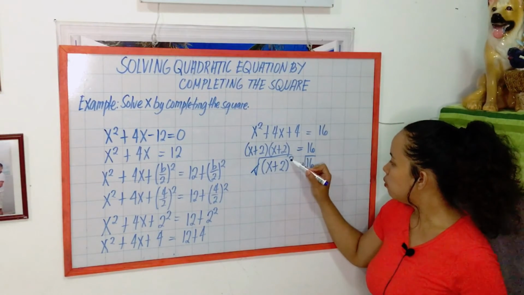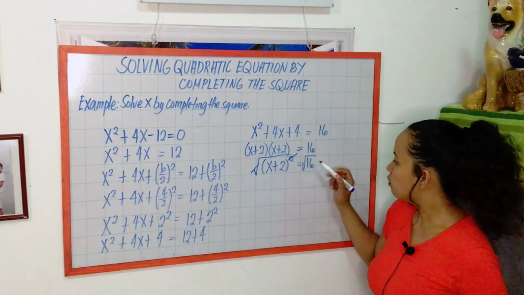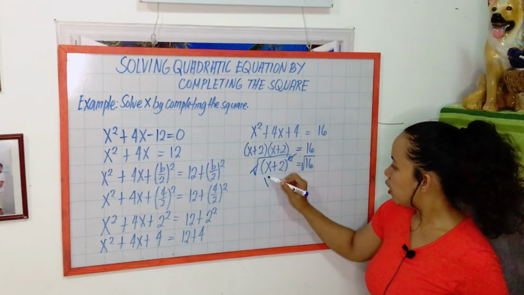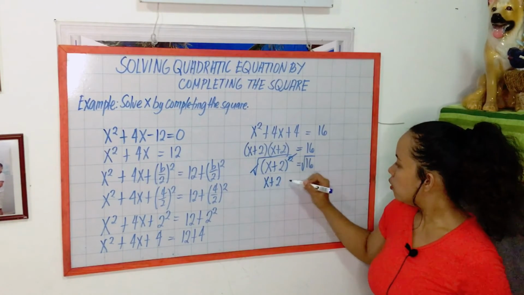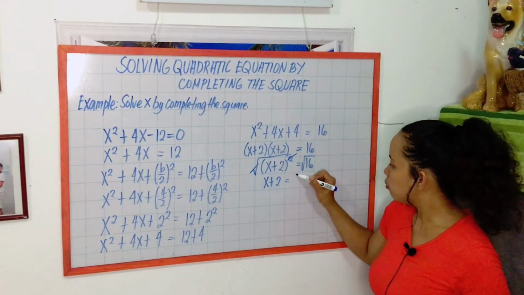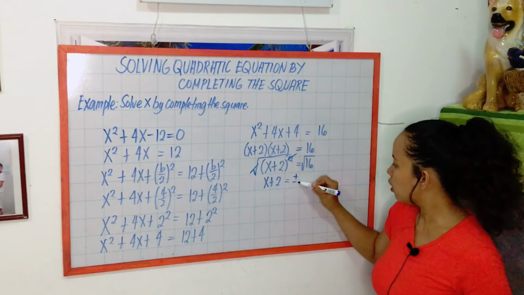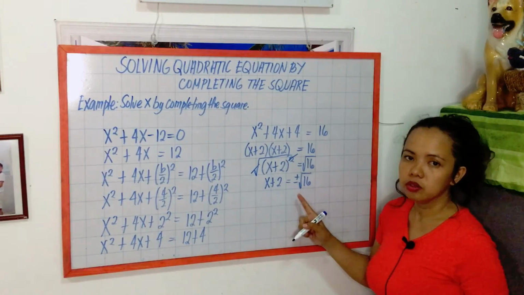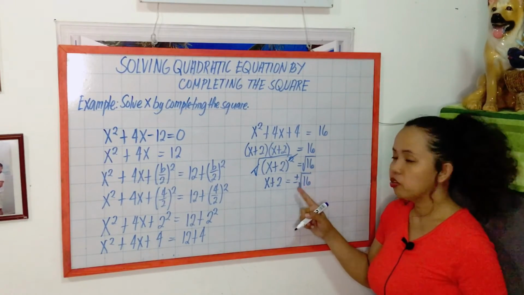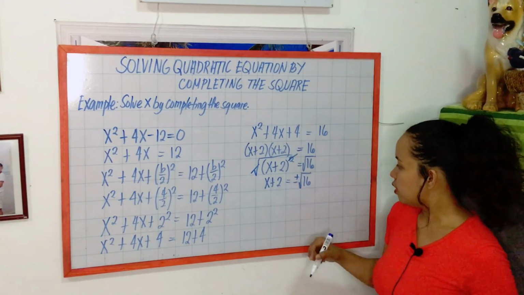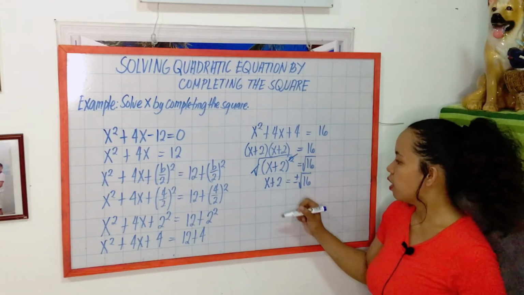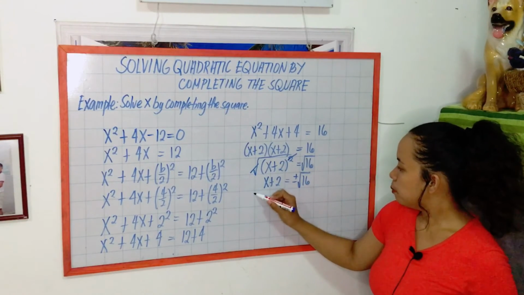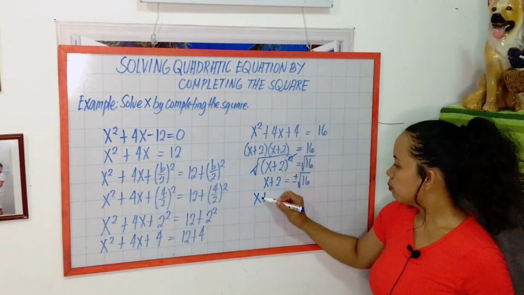So, this will now be x plus 2 is equal to, by the way, positive and negative square root of 16. Pag meron tayong square root, always siya plus and minus square root of 16, or that number, whatever is the number inside.